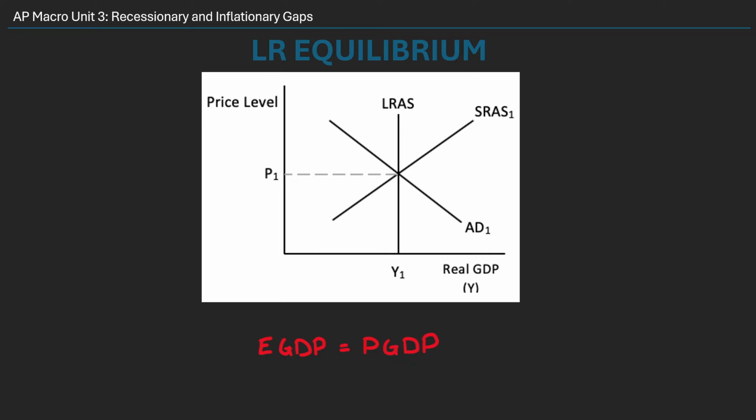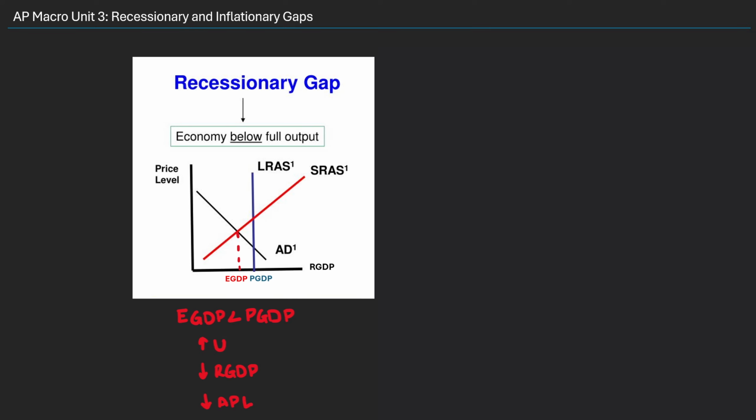An economy is in long-run equilibrium when the eGDP is equal to the PGDP. So when the intersection of short-run aggregate supply and aggregate demand is on the long-run aggregate supply curve, like in this graph shown. A recessionary gap is when an economy is below their full output, so their equilibrium GDP is less than their potential GDP, which means unemployment is higher, output is lower, and aggregate price level is lower.